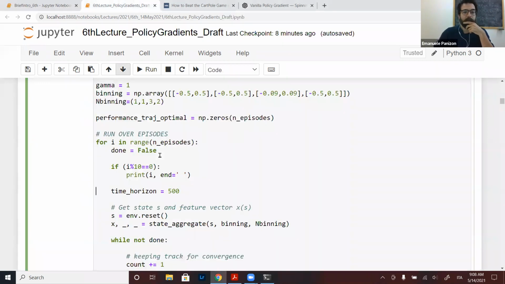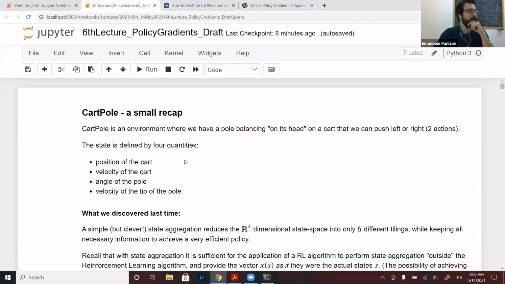Okay, so to start, we will again deal with CartPole, just to have some common background. And I just want to give a very small recap of what we learned the last time. So CartPole as an environment is just a cart with an inverted pole over it. And our task is to balance the pole on its head, so it's an unstable position, and we can only move the cart left and right, so we have only two actions.